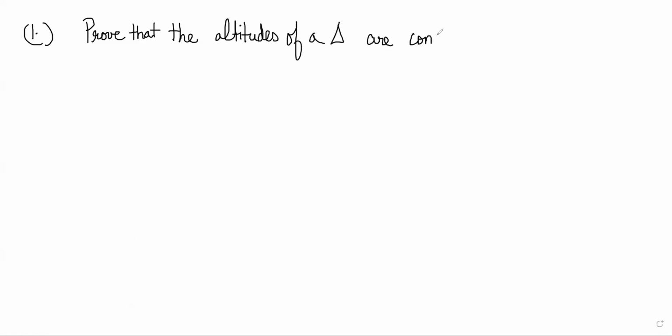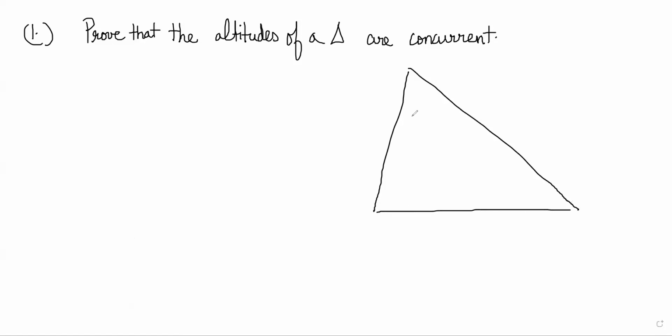So the first simple application of Ceva's theorem is to prove that the altitudes of a triangle are concurrent. How do you prove that? We will draw a triangle here. Let's say this is my triangle ABC. Let's draw the three altitudes. This is one altitude, this is another altitude, and this is the third altitude, right?